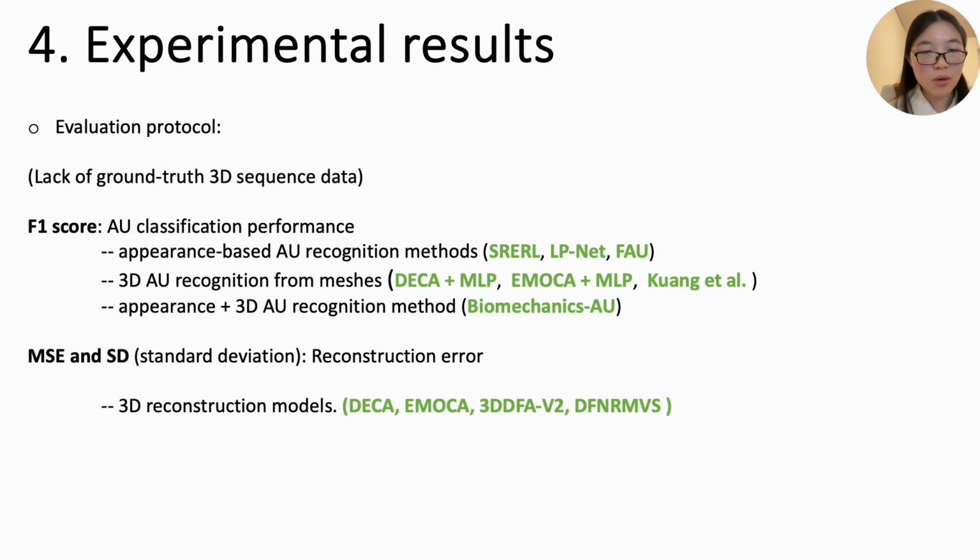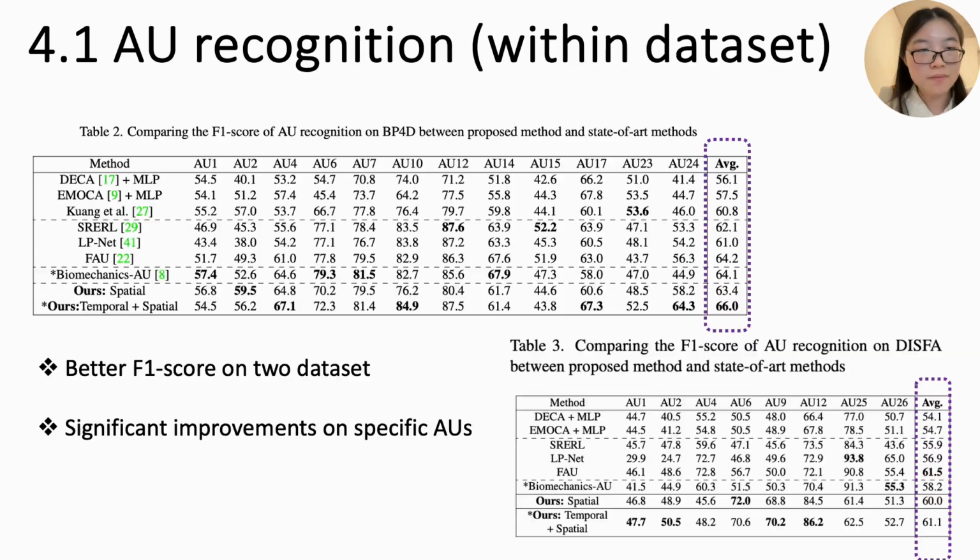There is also a most recently published work that combines appearance features and 3D mesh features to perform AU recognition. For the secondary evaluation, we compare the reconstruction error with several 3D reconstruction models on a small subset of existing datasets to evaluate the mean square error and the standard deviation.